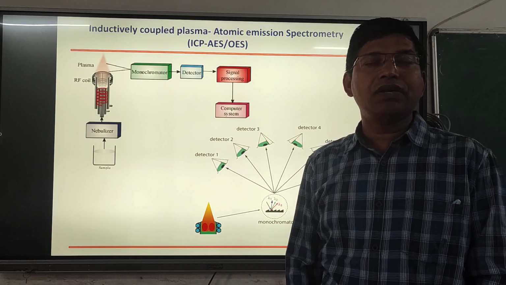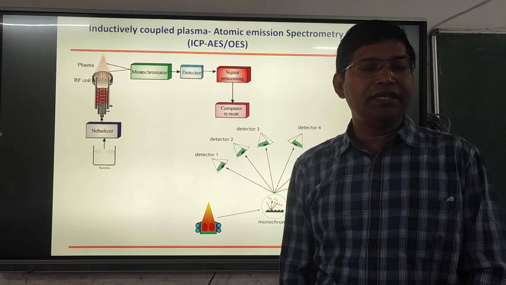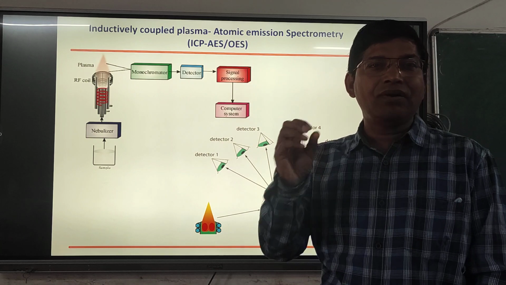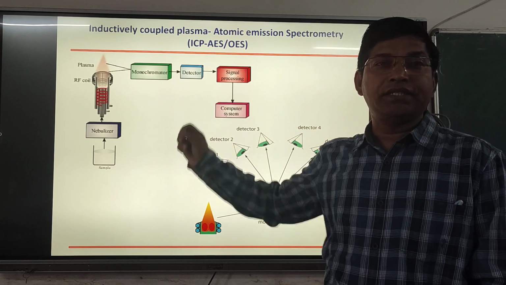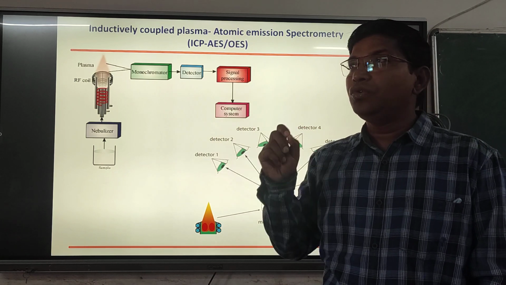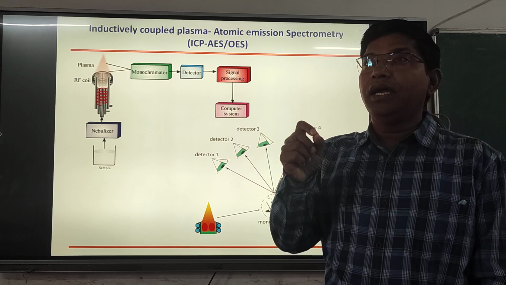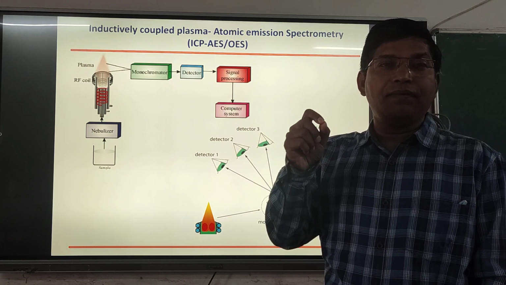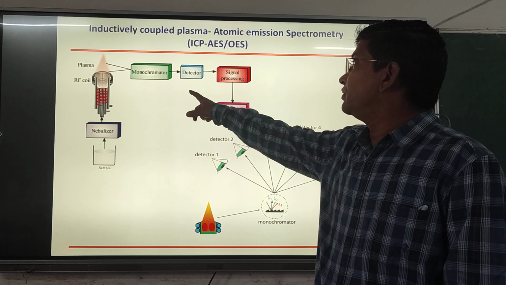So there are several chemical species present in a plasma that raise the temperature of that plasma to 5000 centigrade. So here we can see there is a 2 to 3 times higher temperature than flame photometry, or we can say atomic absorption spectrometry.